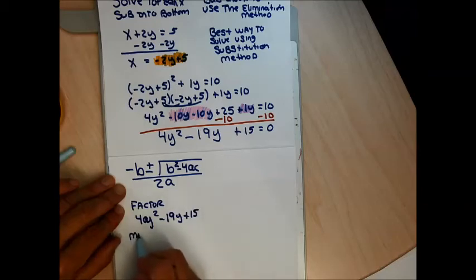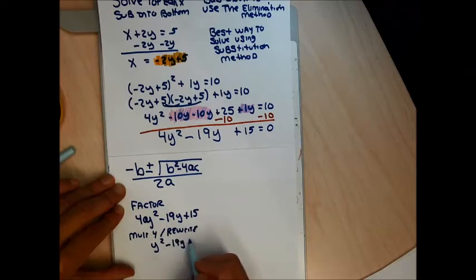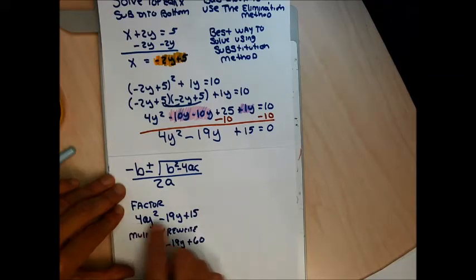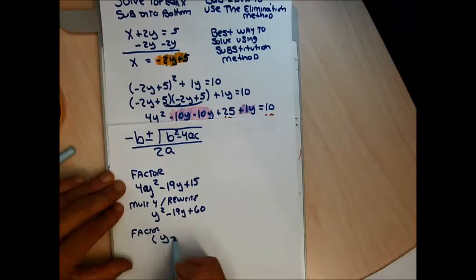And I'm going to multiply by 4 and rewrite. That's going to give me y squared minus 19y plus 60, because 4 times 15 is 60. And then I'm going to factor this. That factors into y minus 4 times y minus 15. My lasts have to multiply to 60 and add to 19.